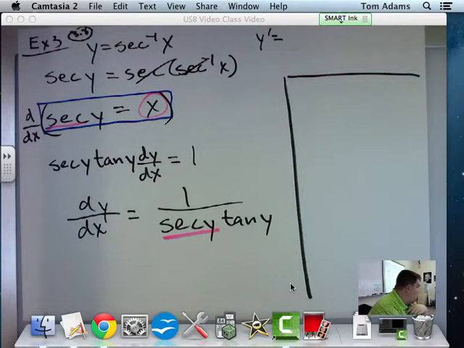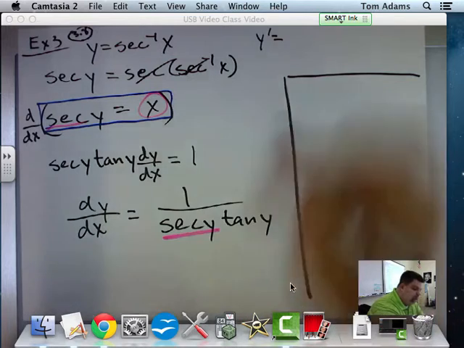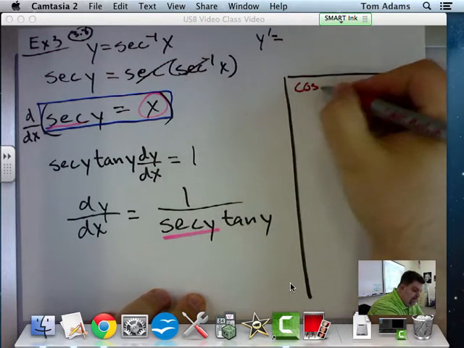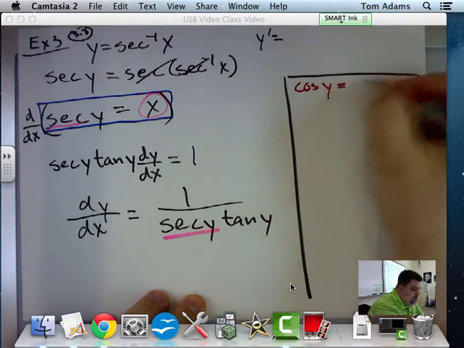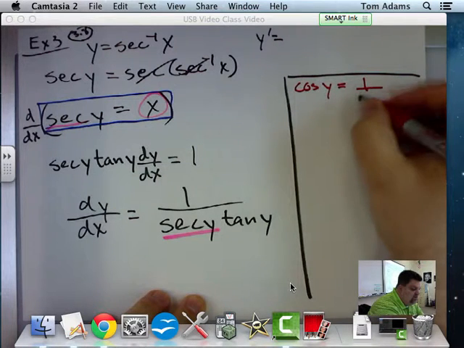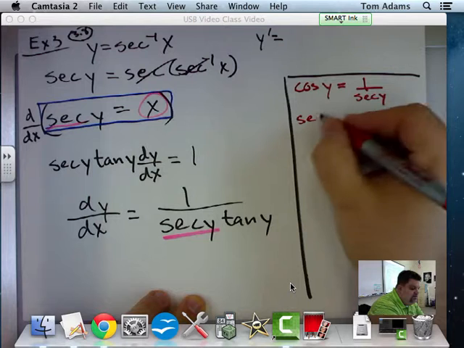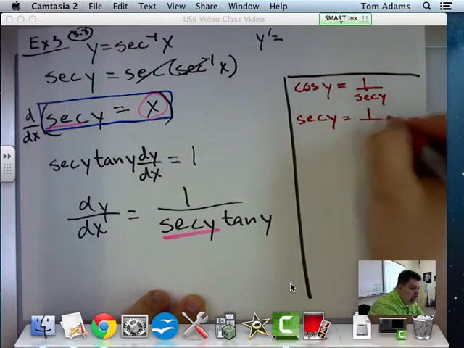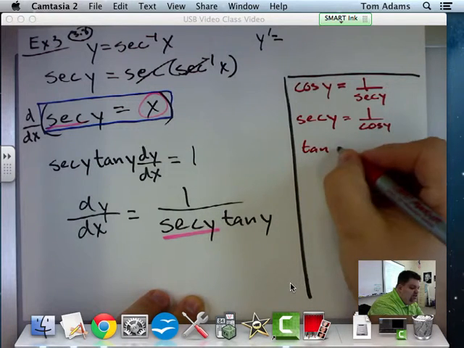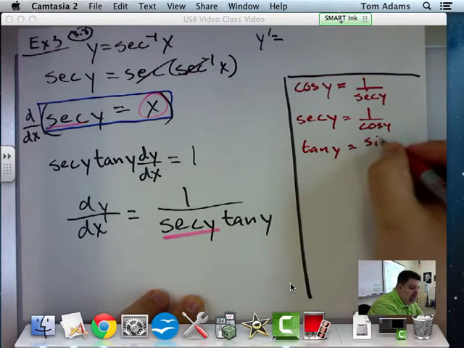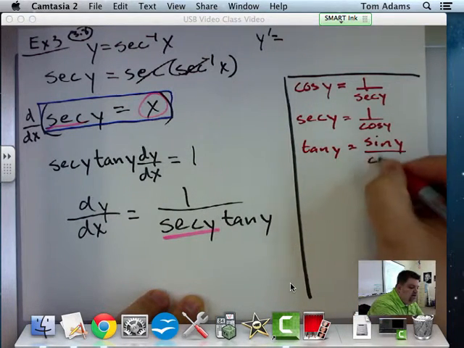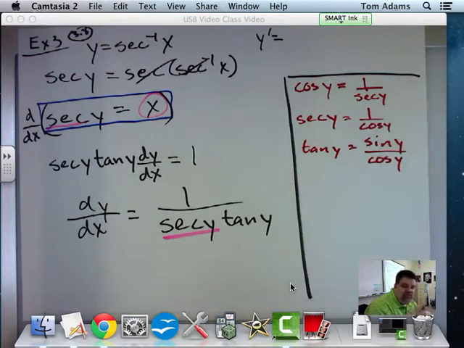What's another way I could write tangent? Sine over cosine. So cosine of y is the same as 1 over secant of y, and I could say secant of y is 1 over cosine, right? That's one relationship. And the other thing is that tangent of y is the same as sine of y over cosine of y.